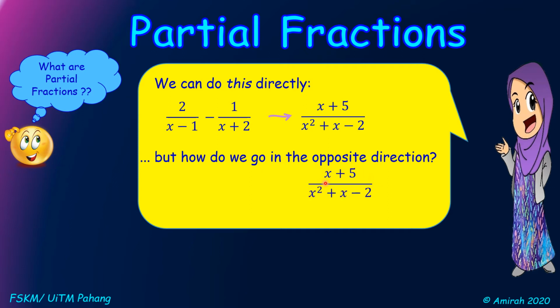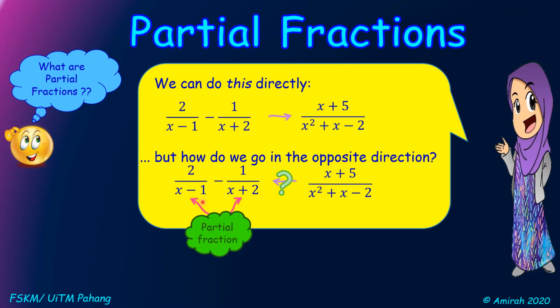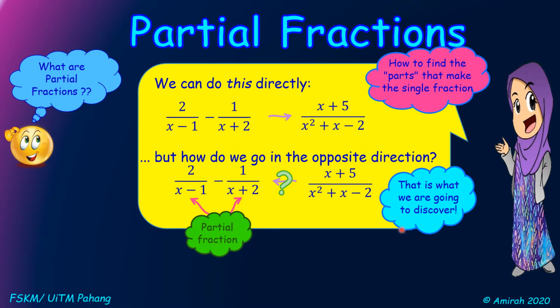From x plus 5 over x squared plus x minus 2 to 2 over x minus 1 minus 1 over x plus 2. This is called partial fraction. That is what we are going to discover: how to find the parts that make the single fraction.